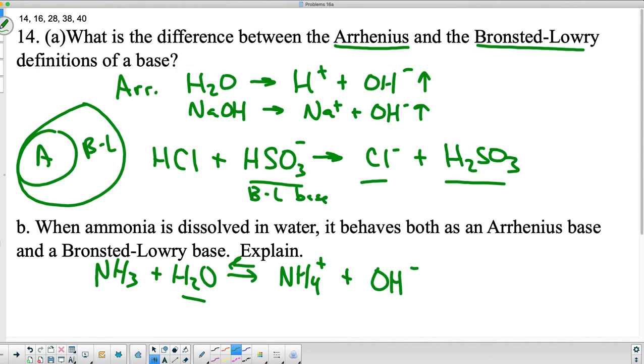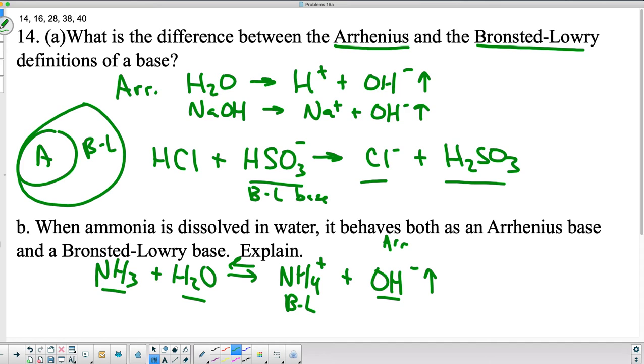Okay, so here we're increasing the concentration of OH minus, which is why this is considered to be an Arrhenius base. However, notice that the OH did not come from NH3, which means that NH3 was a proton acceptor, which is why this is considered to be a Brønsted-Lowry base.